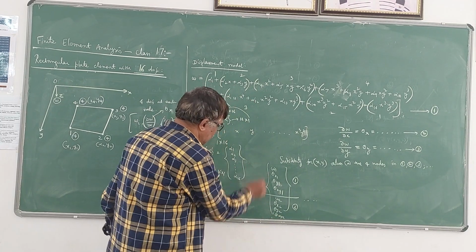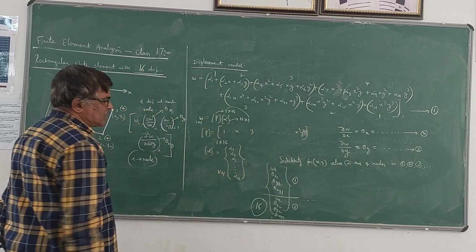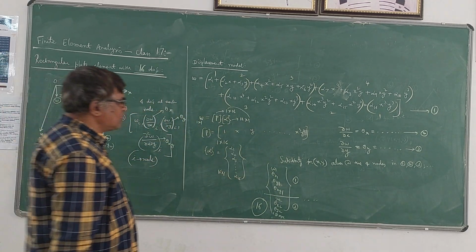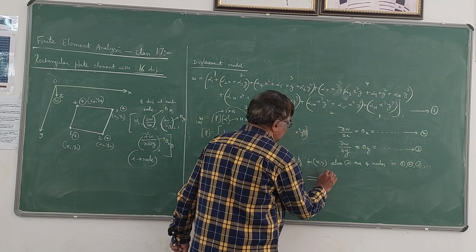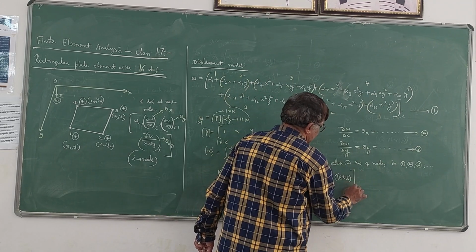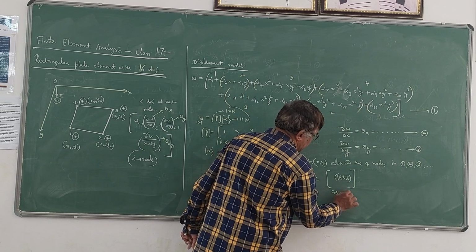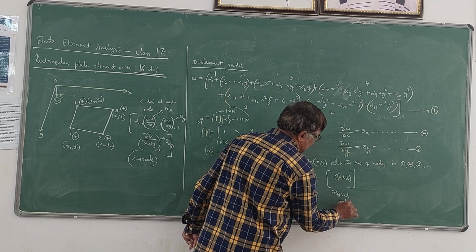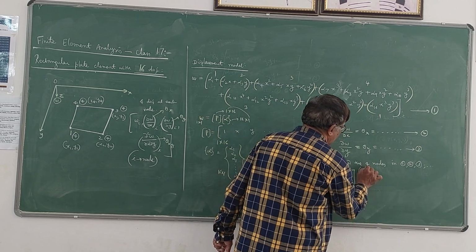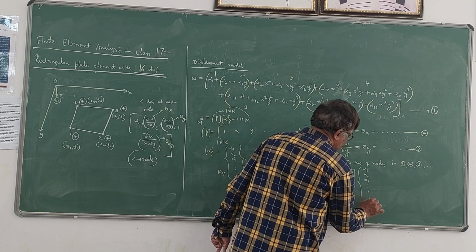So totally you will be having 16 elements in this column vector, and once again you will be getting, instead of 12 cross 12, 16 cross 16. That is the coefficient matrix you are going to get, and finally here you will be having alpha 1, alpha 2, alpha 3 general coordinates up to alpha 16.